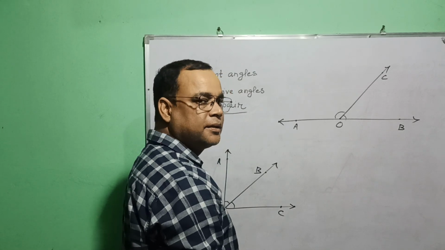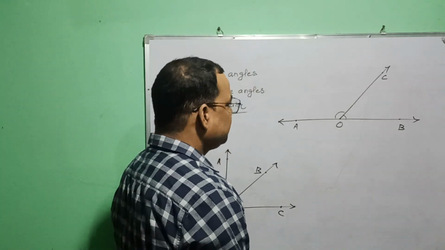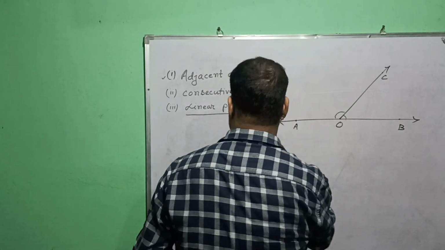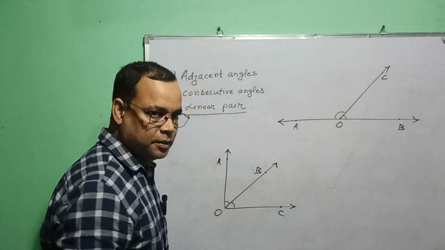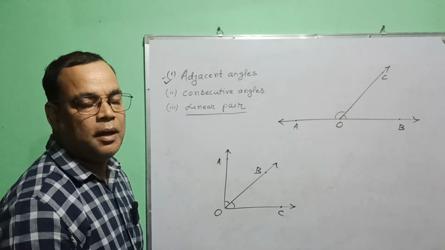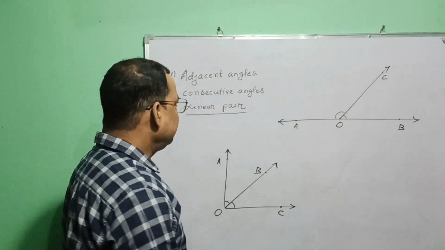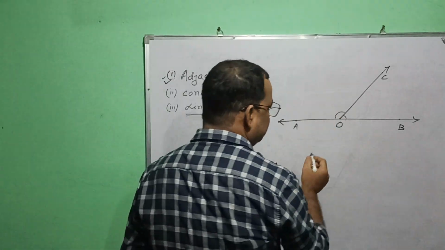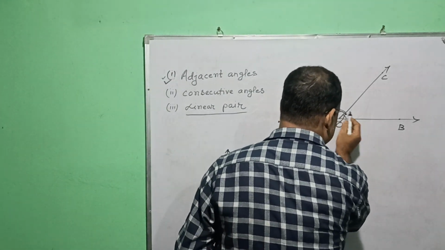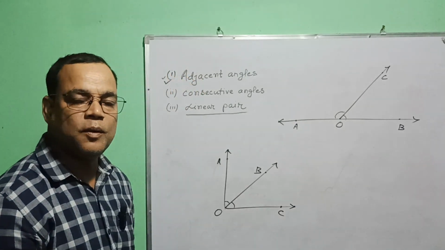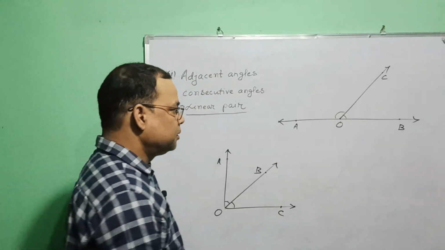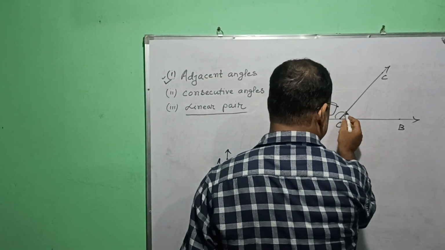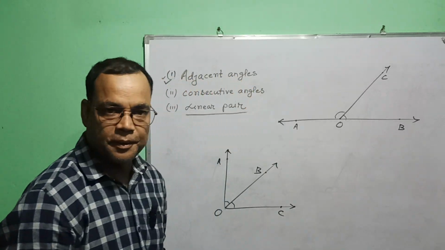The sum of these two angles must be 180 degrees, and these two angles must be adjacent. So this is the condition for making a linear pair. In a linear pair, the two angles must be adjacent, and the sum of these two angles must be 180 degrees. So we can say these two angles are a linear pair.